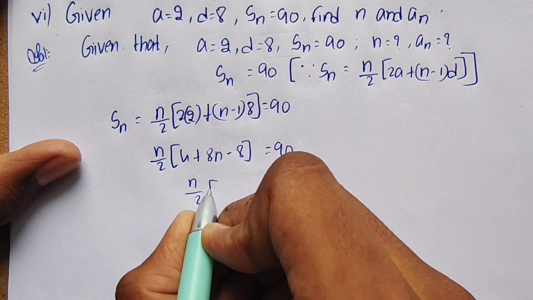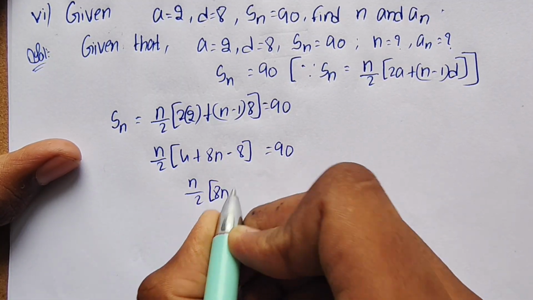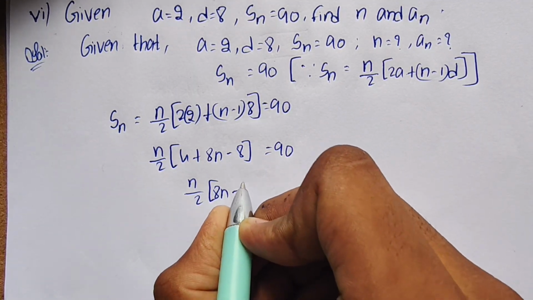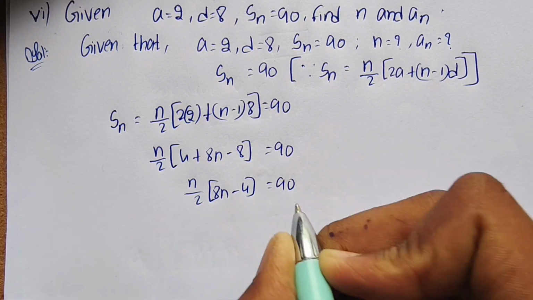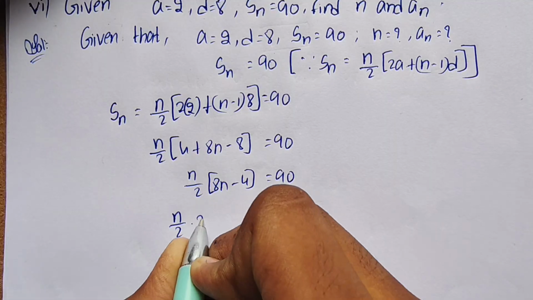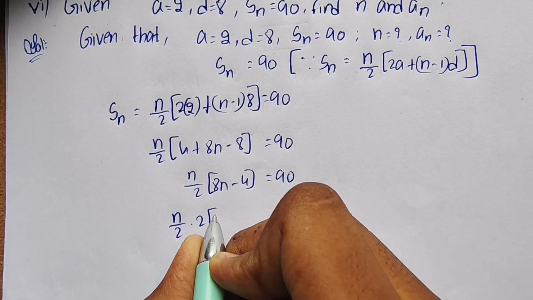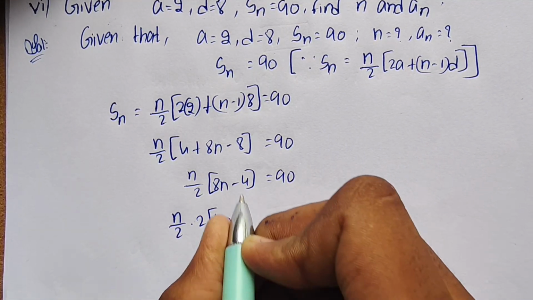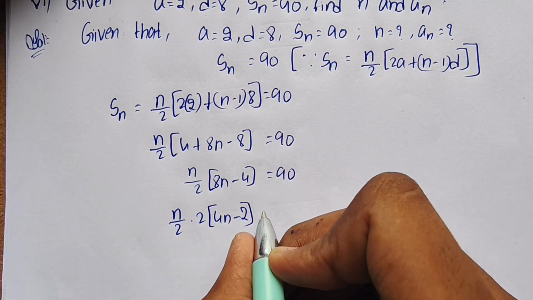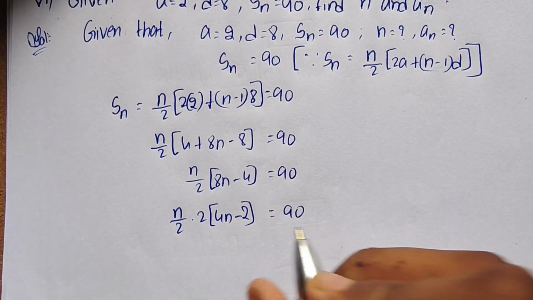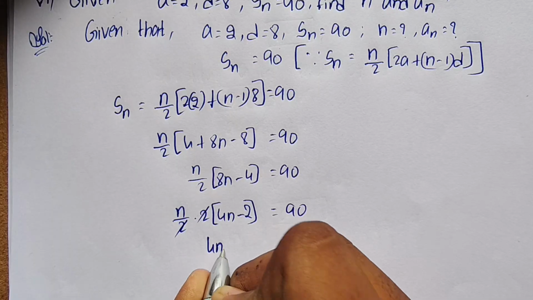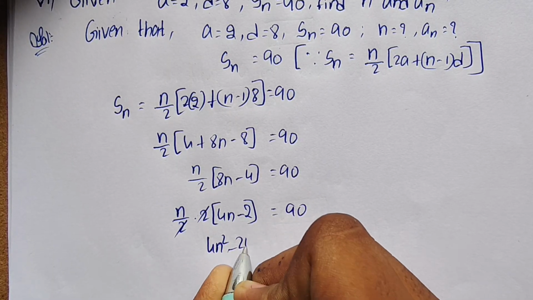So n by 2 into 8n minus 4 equals 90. So here we get n by 2 into 2 times 4n minus 2 times 2 equals 90. So 2 gets cancelled, and n into (4n minus 2) gives 4n square minus 2n.